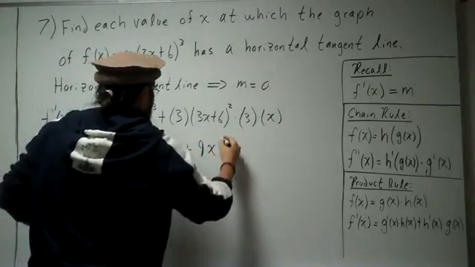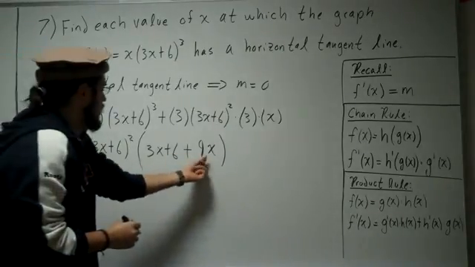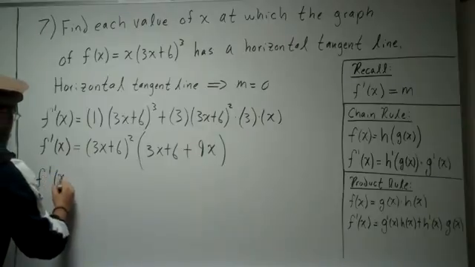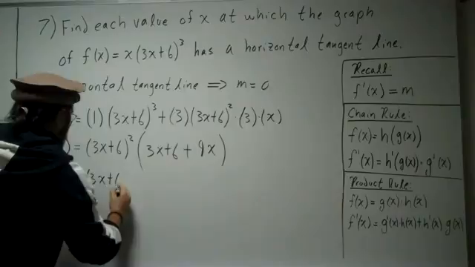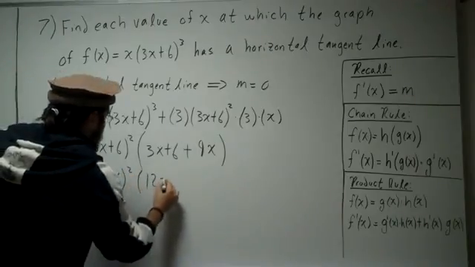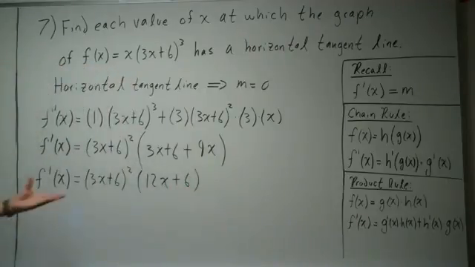Okay? Alright. So now, 9x plus 3x is 12x. So f prime of x is equal to (3x + 6) squared times (12x + 6). Okay? So that's factored.